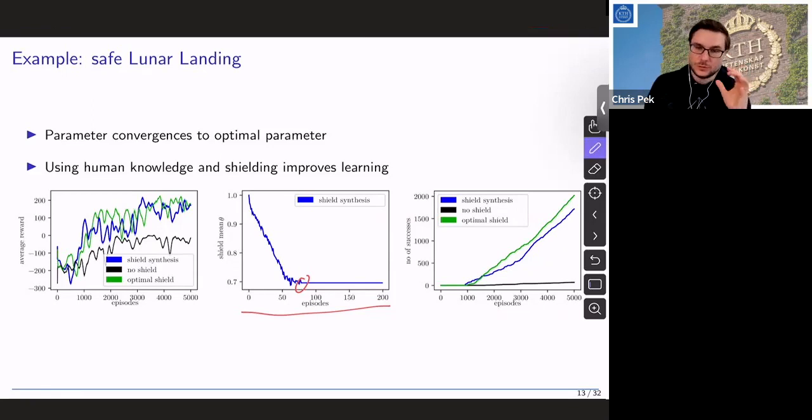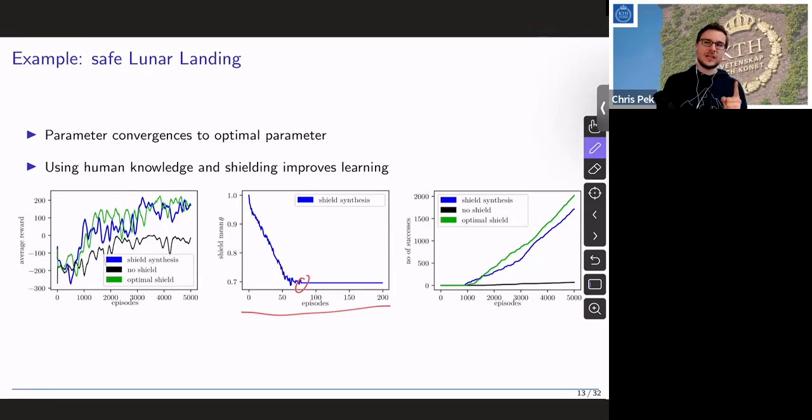So what we learned is that if we update the parameter online, we don't lose a lot of performance, because we are very close to the optimal we would get if we directly started with the best parameter. It makes sense to leverage additional human knowledge, and updating the shield parameter distribution over time does not lose much.